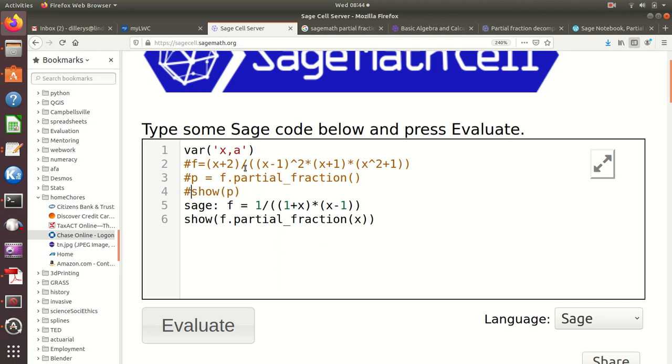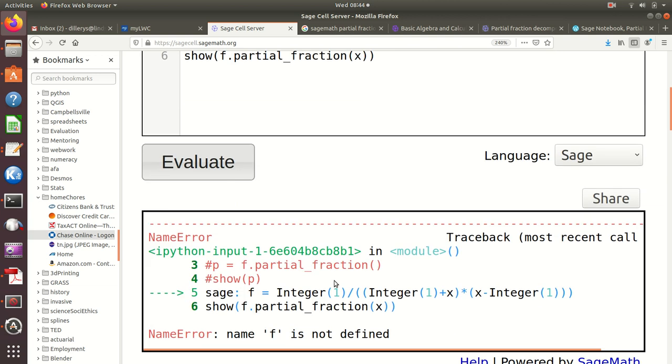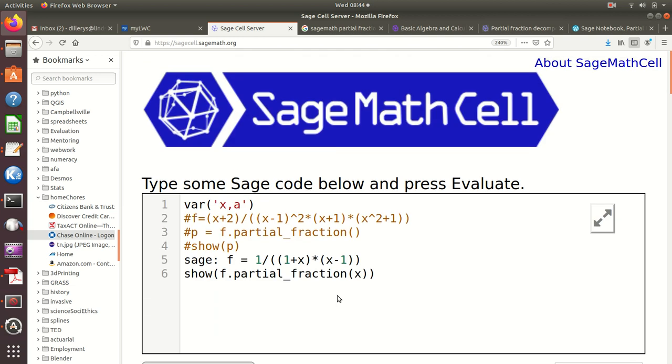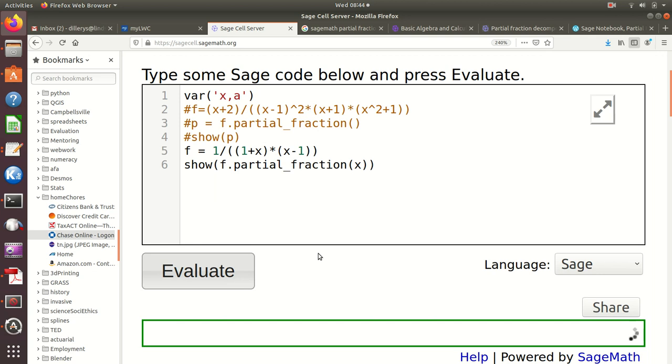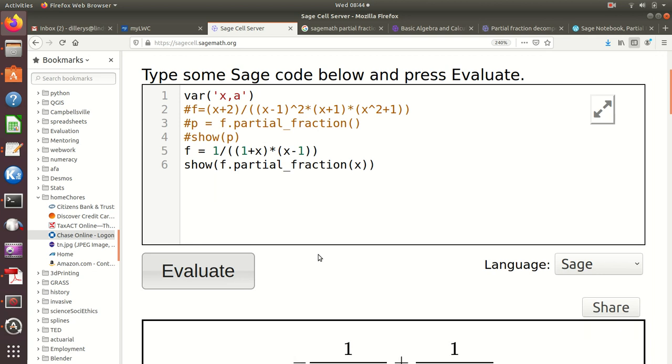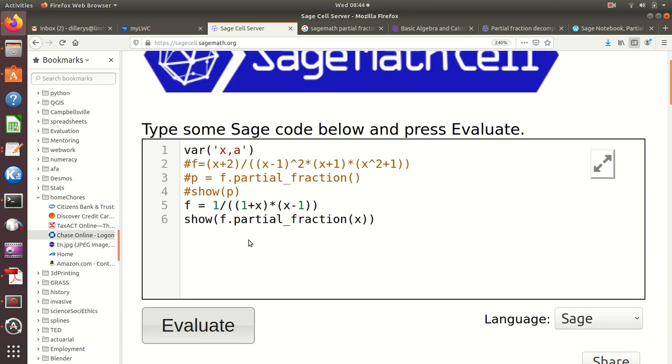And so I'm going to just get rid of that, evaluate, and see what it does. Oh, F is not defined. So maybe I lied to you. It definitely used to be that you could keep that word Sage in there. Maybe you cannot anymore. So see, it worked just fine. So there, I learned something in trying to do this.